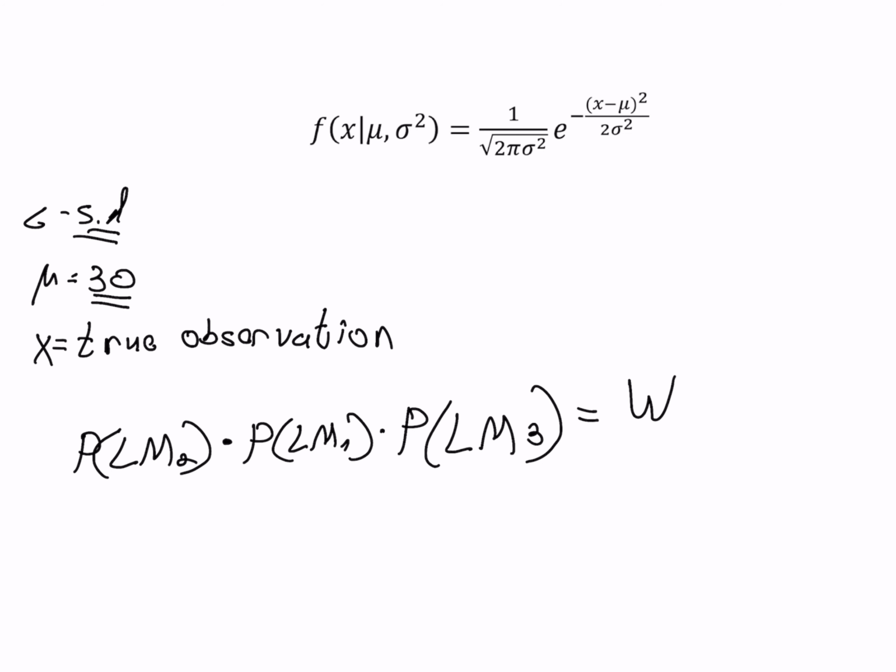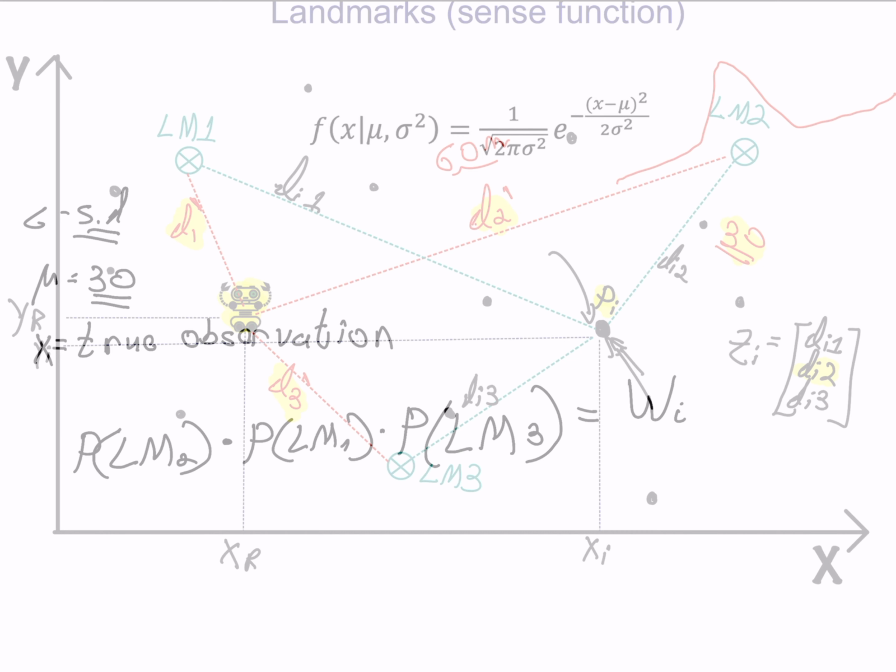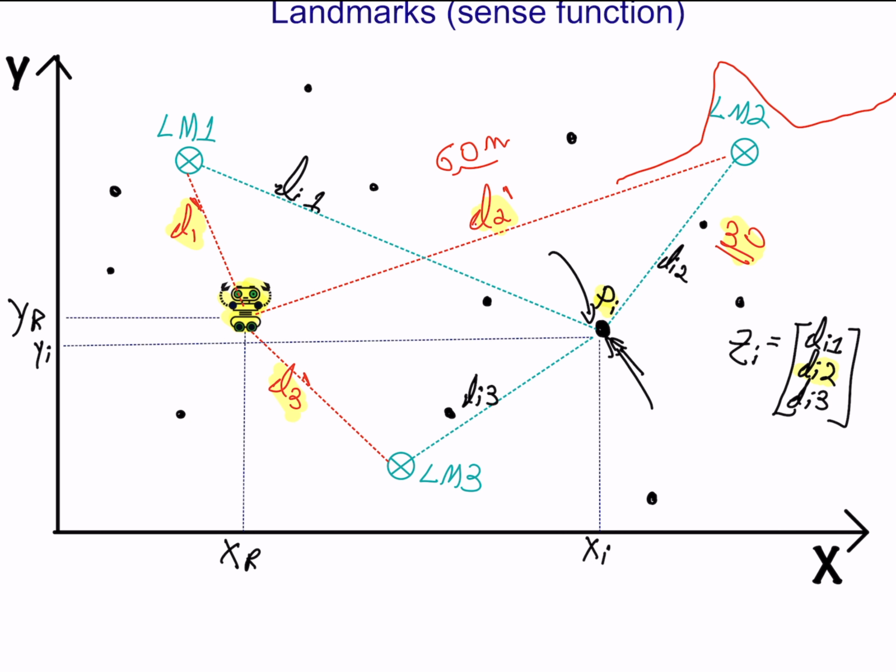So again, let me emphasize what those elements are. I get a computed distance from the ith particle to the landmark. In our example, it will be di2, or 30. But again, I'm getting another true value from the sensor, and the sensor says the measurement that we got is 60.